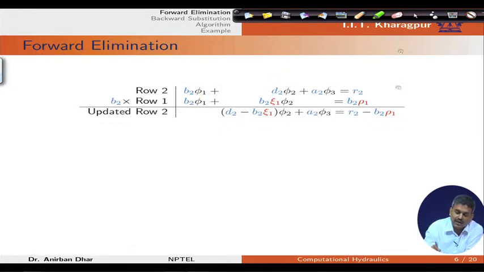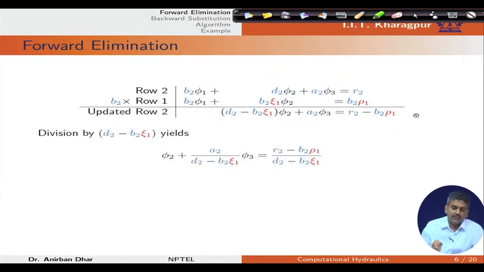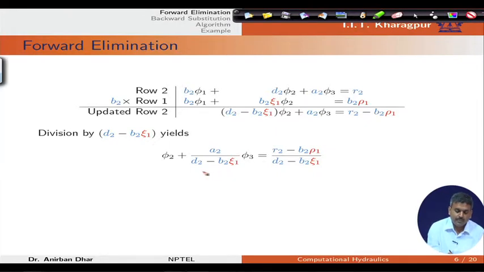Now, in this case, if we divide by D2 minus B2 into xi 1, and the right hand side also with the same quantity, we can get the transformed form of our rho 2.